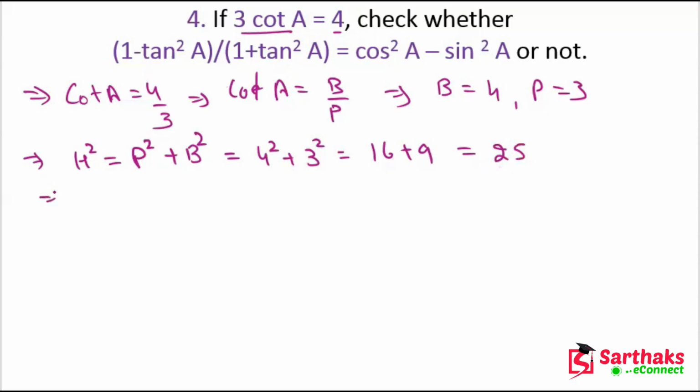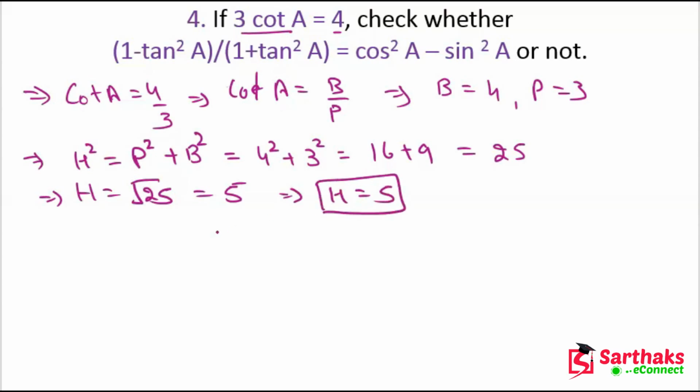So h is equals to under root 25, which is equals to 5. Now we have to find tan A, cos A and sin A. Tan A is perpendicular upon base, means 3 upon 4.